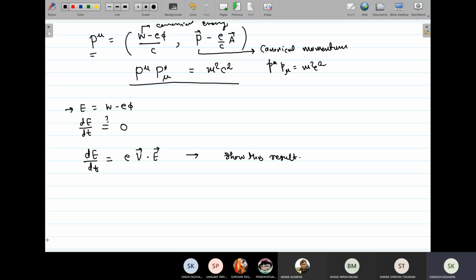Okay. So ultimately, I have two equations. One is the equation of motion, dP by dt equal to E times the electric field plus E by C, V cross P. This is my Lorentz force law supplemented with this energy relation.